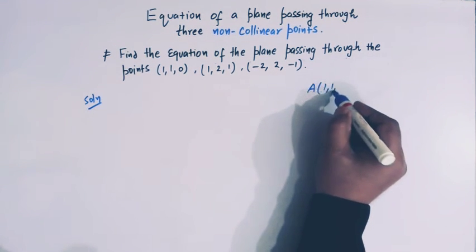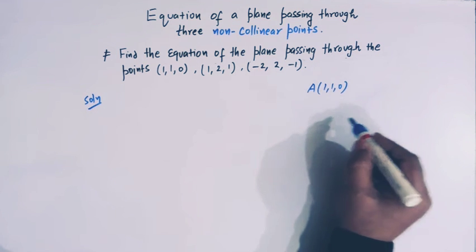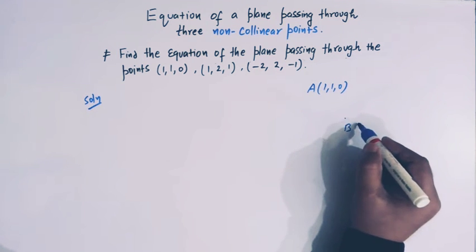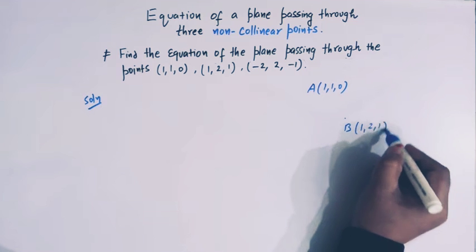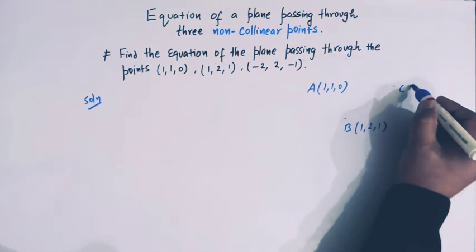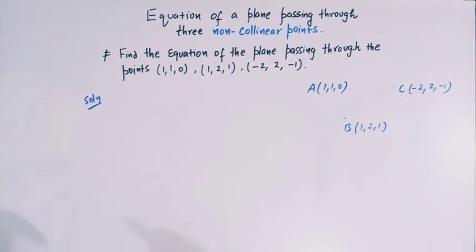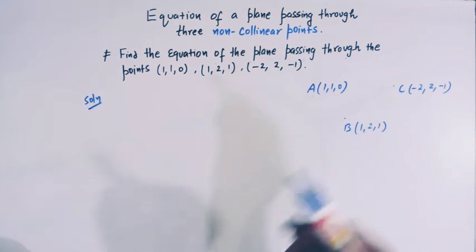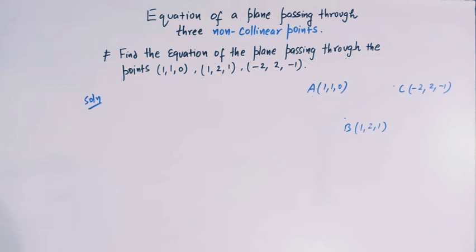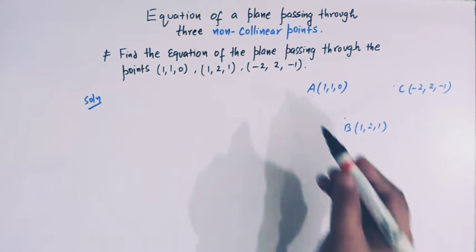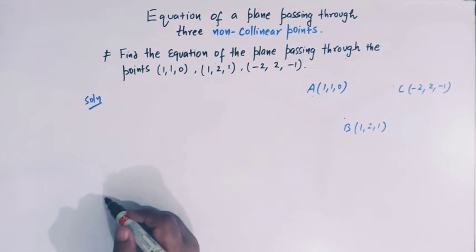Here we have A (1, 1, 0), then we have B, that is (1, 2, 1), and then we have C, (-2, 2, -1). So now we have to find the equation of a plane which passes through these three non-collinear points.